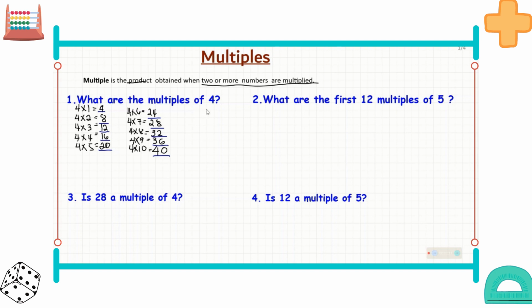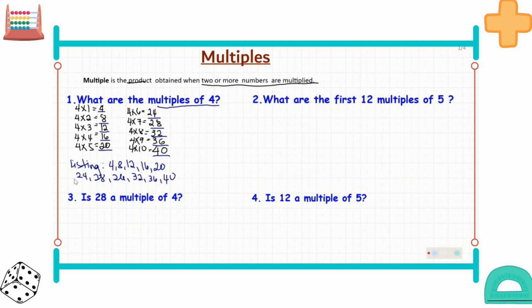Another way to know the multiples of 4, instead of writing these products, is to do skip counting or listing. When we do listing, all we need to do is skip count by 4: 4, 8, 12, 16, 20, 24, 28, 32, 36, and 40.